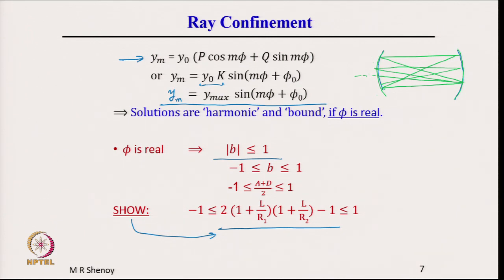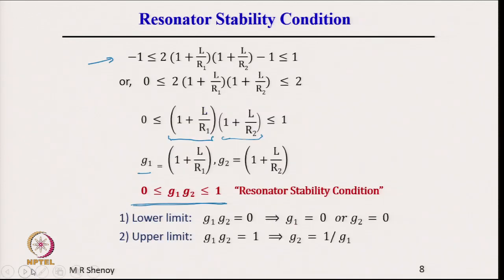If it is not bound, that means if the ray for example goes like this, then it is no more bound to the mirrors, or it is an unbound ray, or the rays are not confined. So, we are looking for rays which are confined to the resonator, which means the solution must be harmonic and bound. For that, phi needs to be real, which means mod B must be less than or equal to 1, and then that led to the condition that 0 less than or equal to G 1 G 2 less than or equal to 1, and this is called the resonator stability condition.